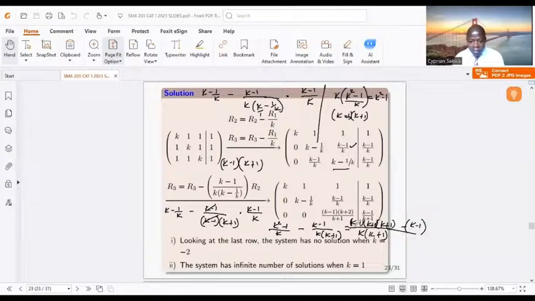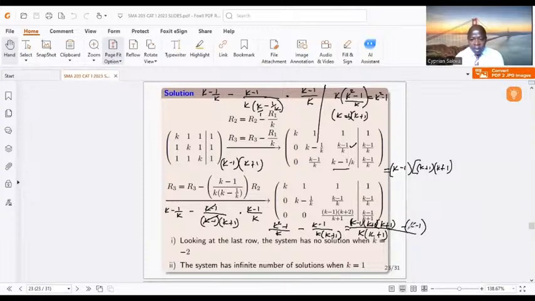And you can see k minus 1 here and k minus 1 here. Those are like terms. Let's factor out k minus 1. When you factor out k minus 1, it will go here, k plus 1, k plus 1 times.